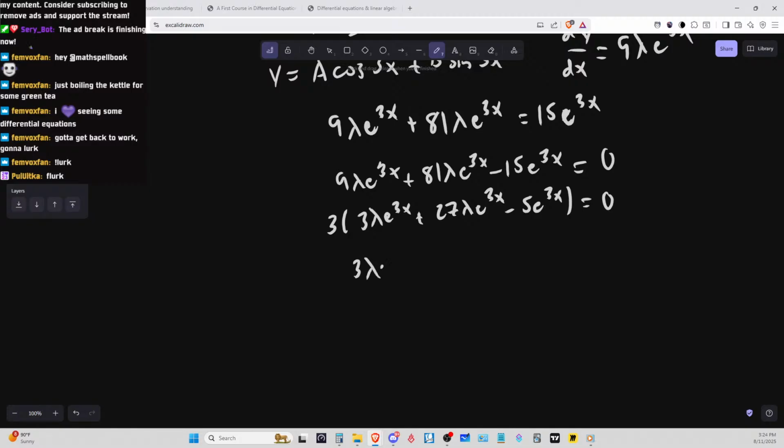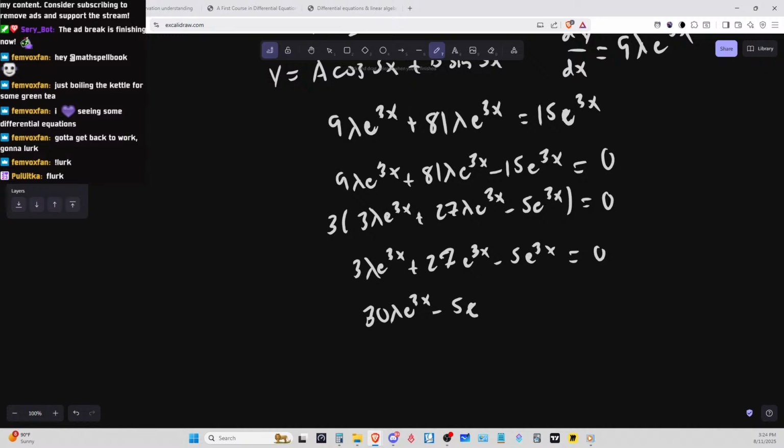So 3 lambda. And I think now we'll combine the lambdas together. So that will lead us with 30 lambda.